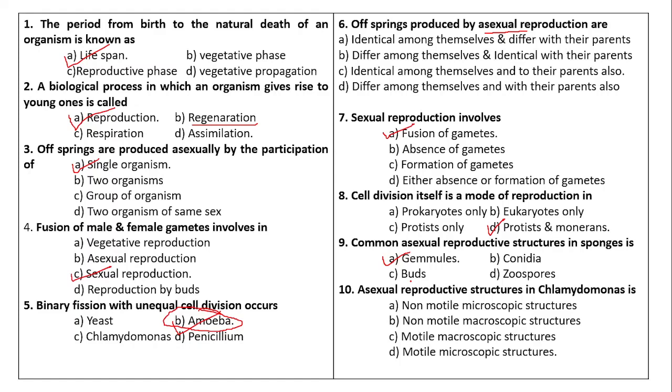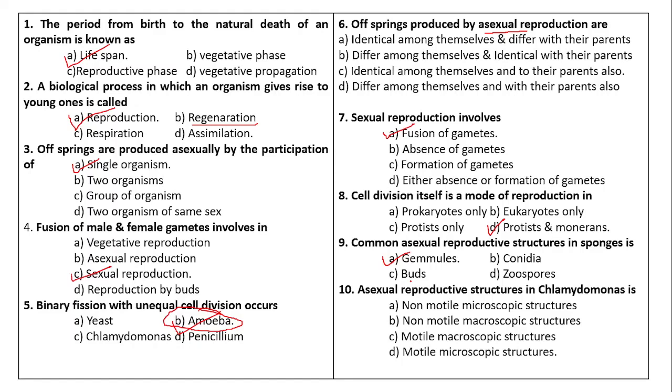See here, as we have already discussed Chlamydomonas in the previous part, it is an algae which will be having motile structures. Asexual reproductive structures in Chlamydomonas are motile structures.